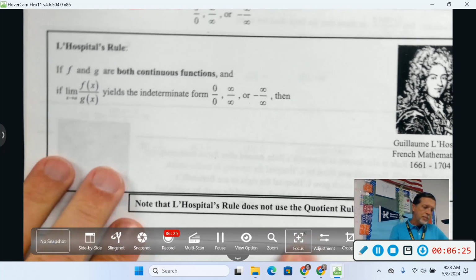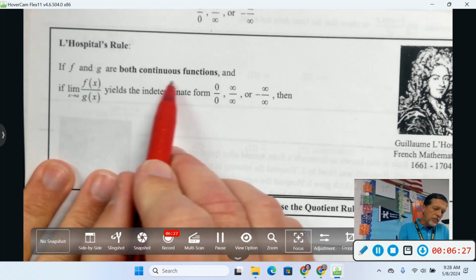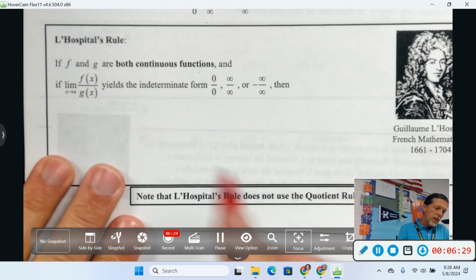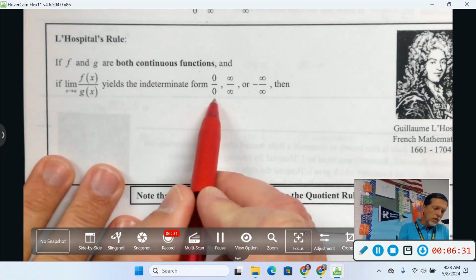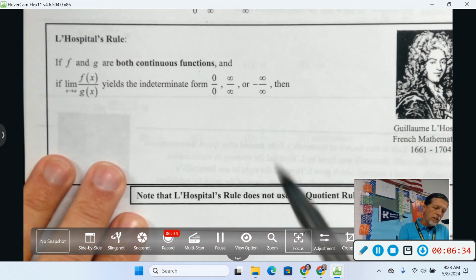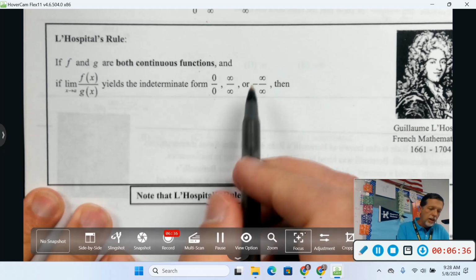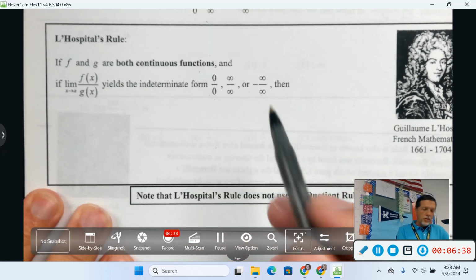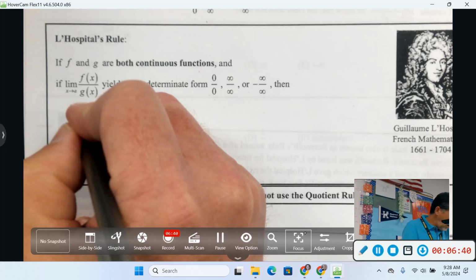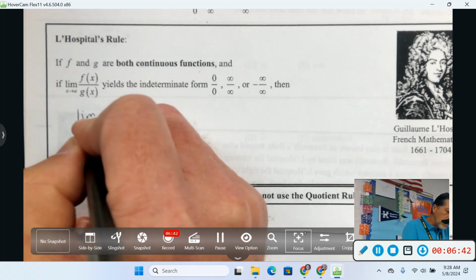So if f and g are both continuous functions, and they yield 0 over 0, or infinity over infinity, or negative infinity over negative infinity, meaning something you can't deal with, then here's the rule.